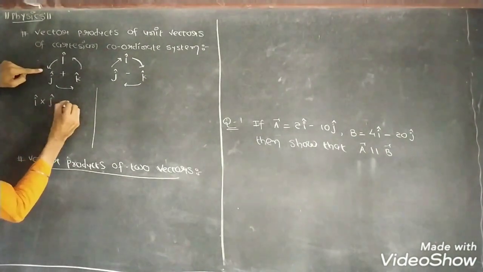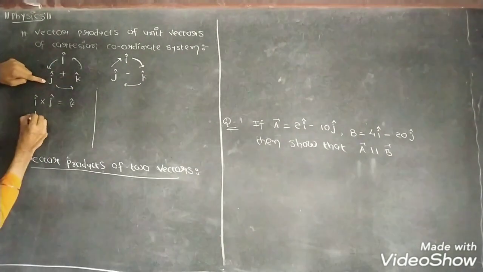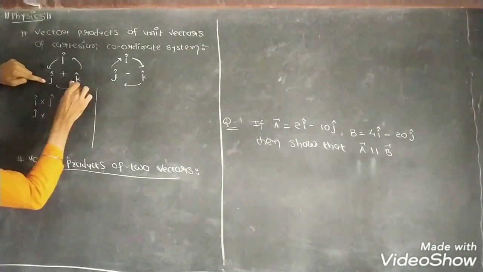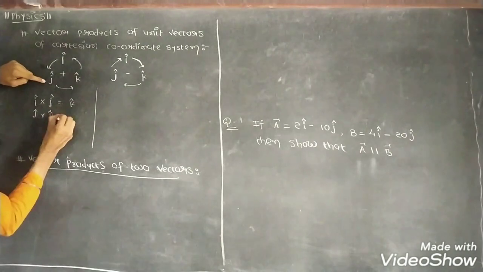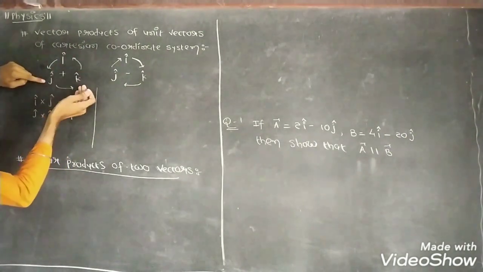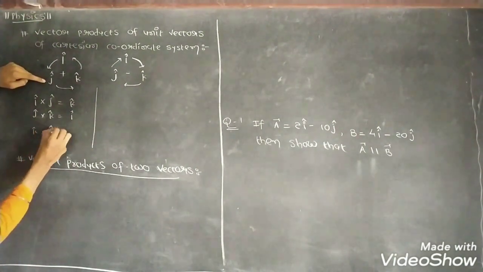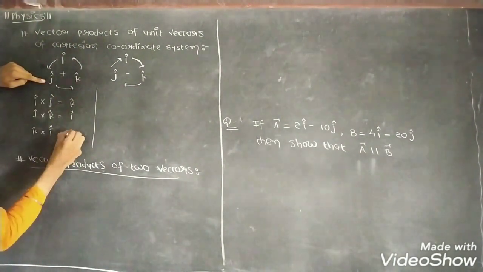Which means the value of I caret cross J caret is K caret. The value of J caret cross K caret is equal to I caret, and the value of K caret cross I caret is J caret.